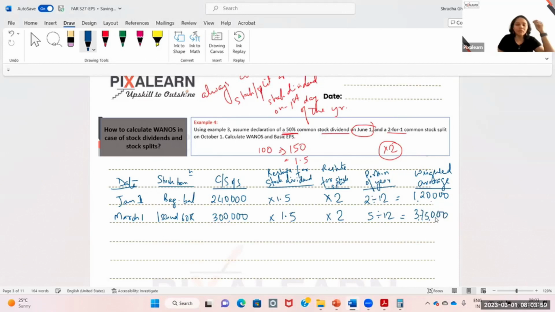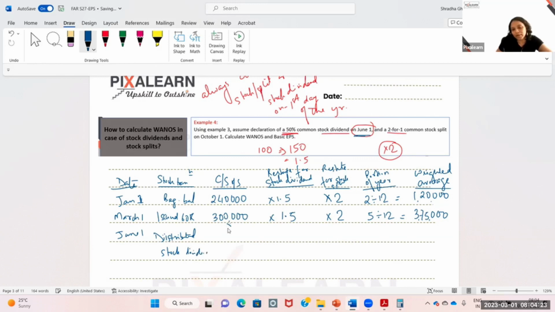So see, when you have a cumulative approach, you don't have to bother about anything else. You just have to continue doing what you're doing. Now what happened on June 1, I distributed a stock dividend. How many stock dividends did I distribute?